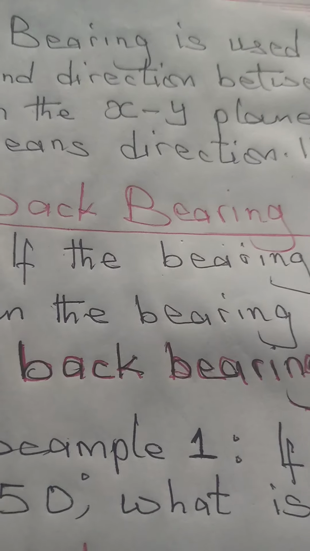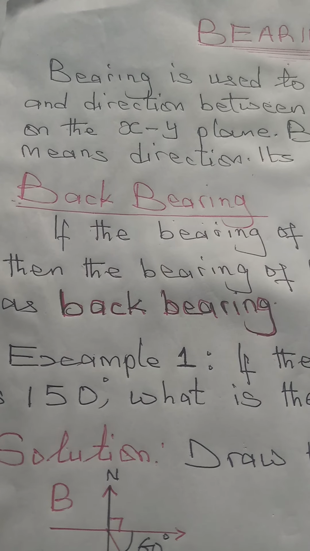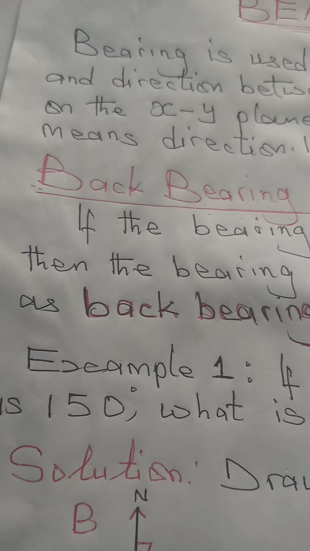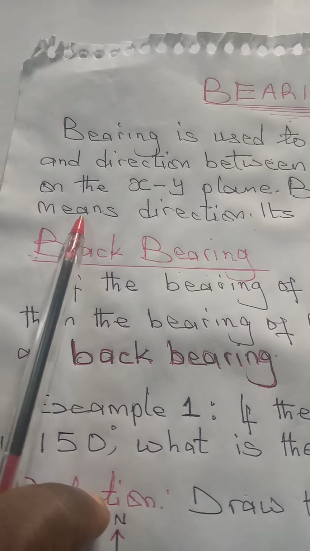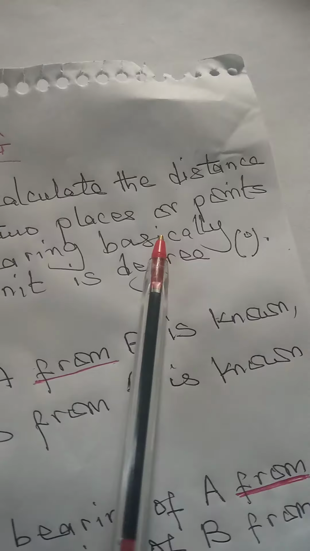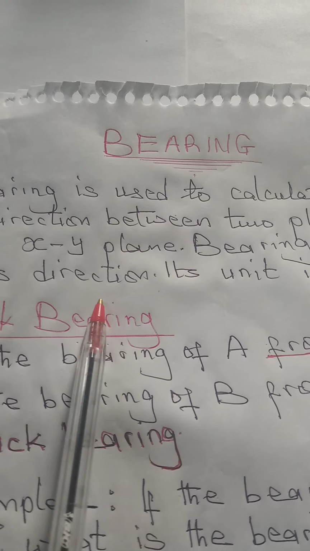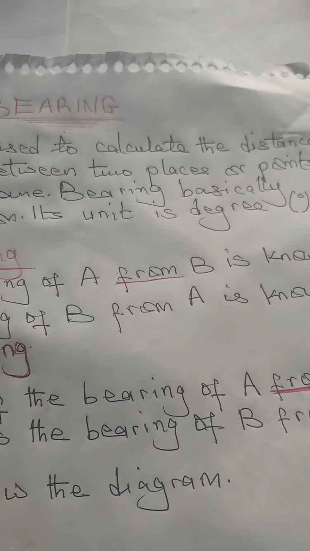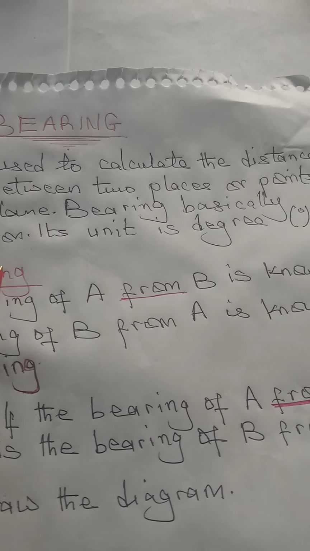So bearing from the onset, from the beginning of this lesson, means direction. You can see it there. Bearing means direction. So as a good mathematics student, it is equally good that you are conversant with units.